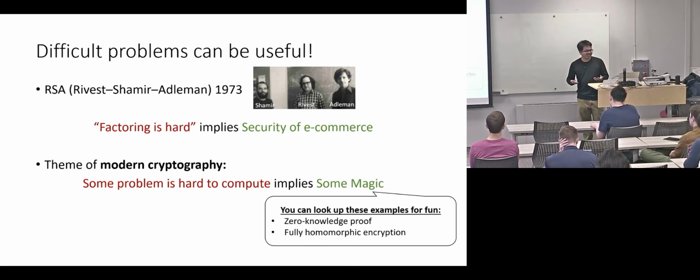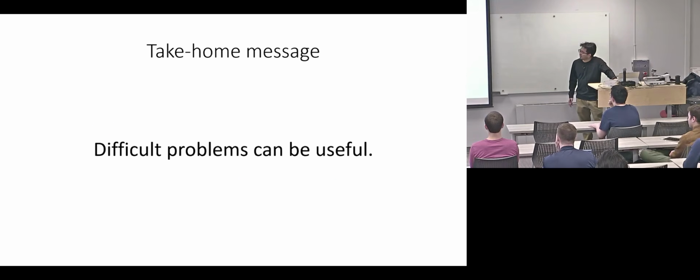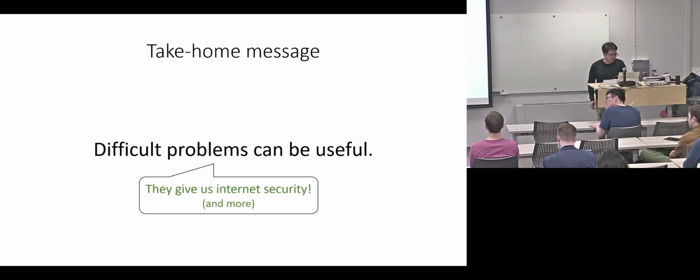The first time that you hear it and learn the definition, it seems impossible, but it turns out that you can, assuming that some problem is hard. Okay, so this is another take-home message from TCS, that difficult problems actually are useful. At least it gives us internet security and more.